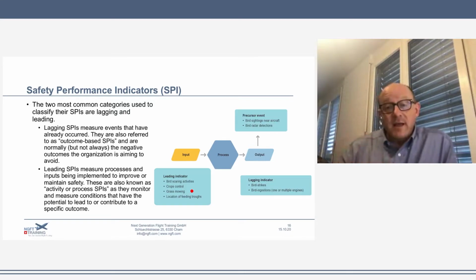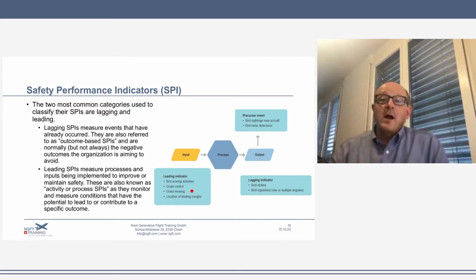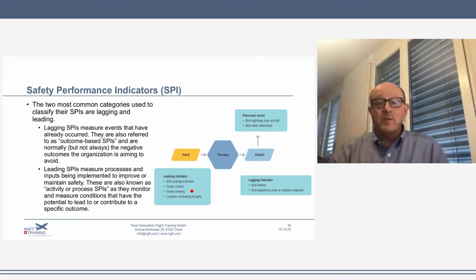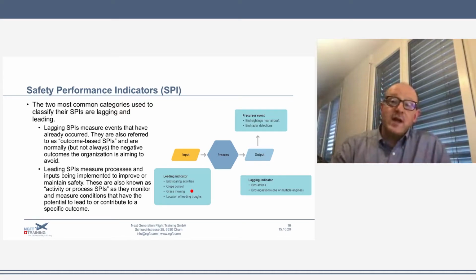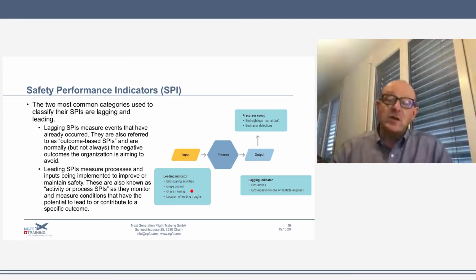Now, there are lagging indicators, which is actually looking backwards. So then we look at actual bird strikes. We look at bird ingestions into the turbine. When has that happened? Why does it happen? So we measure both of these indicators. We measure the number of bird scaring activities before something has happened, and we can measure the bird strikes after they have happened. Both will give us an indication and a number, but they are in a different context.